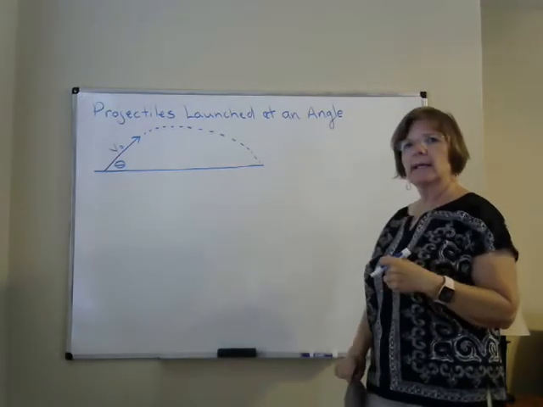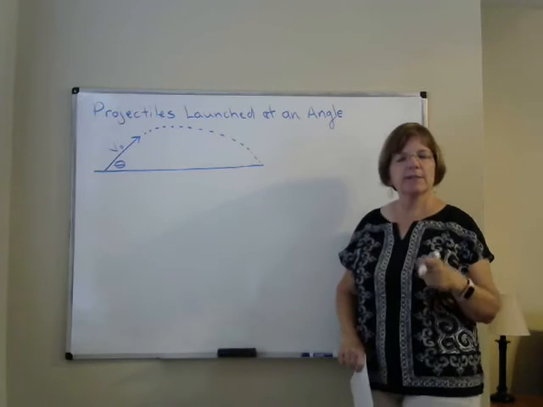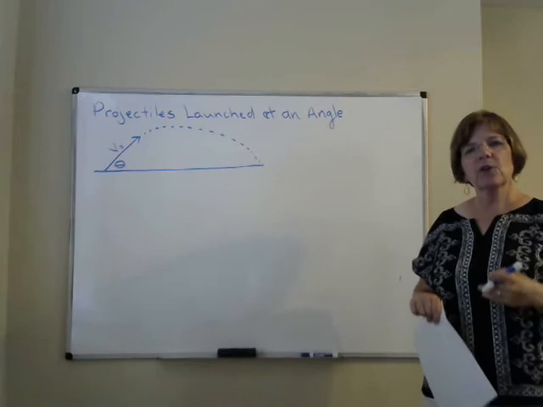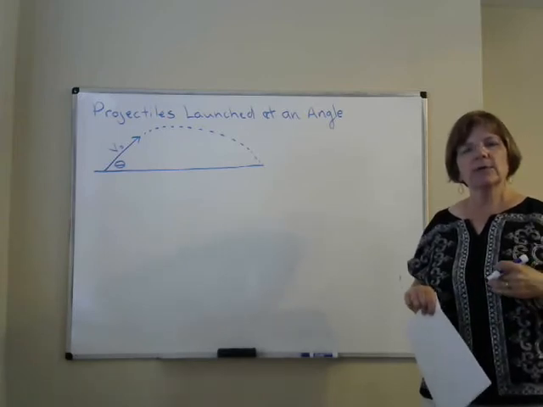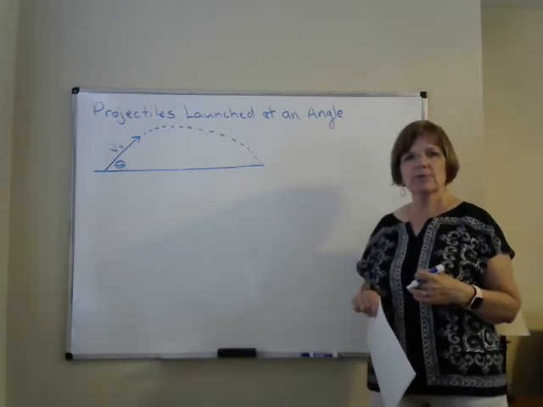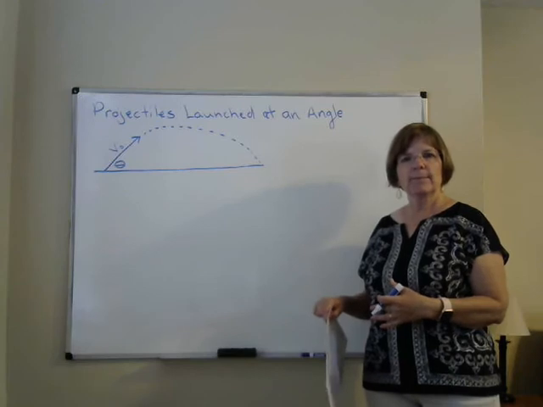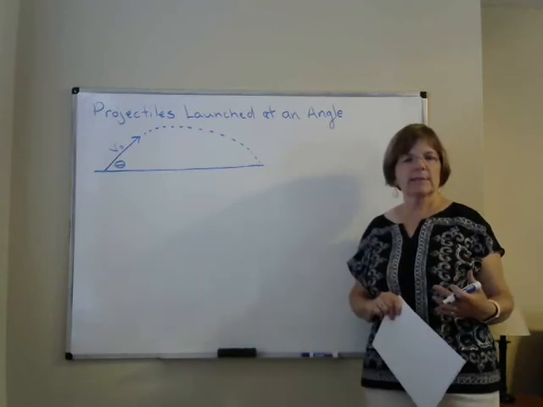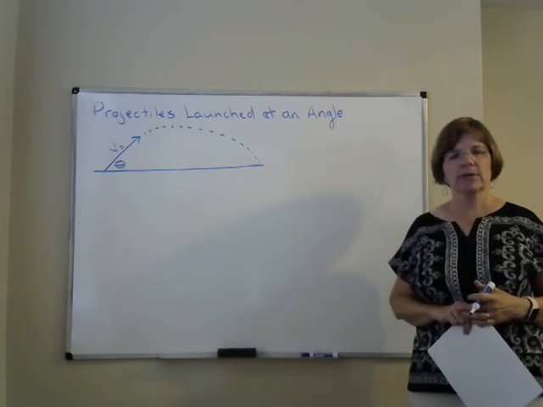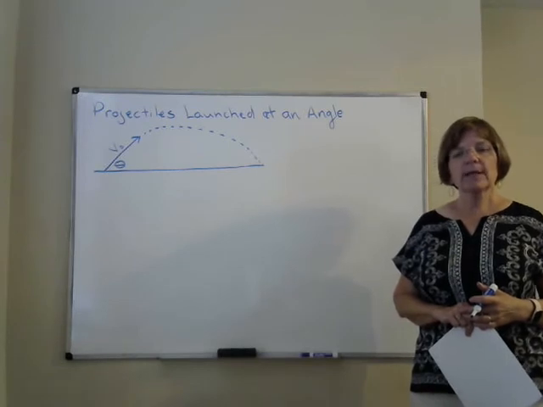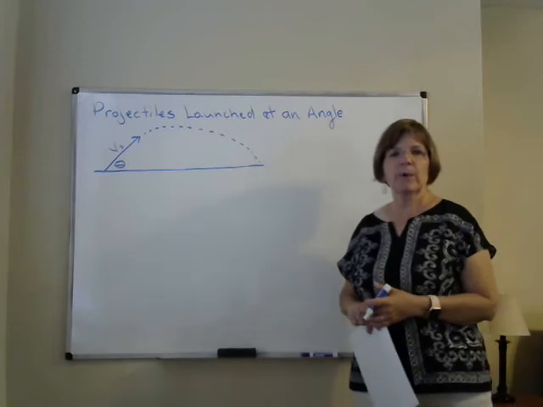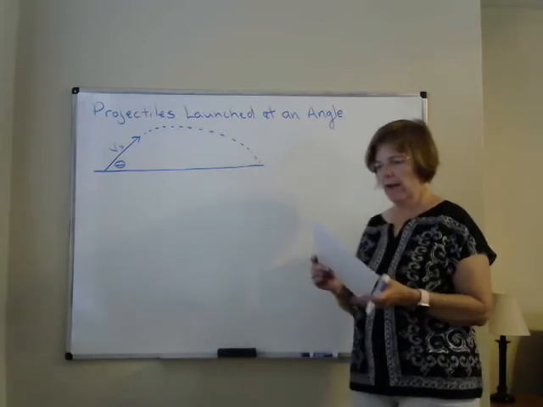The very first thing, and the step that too often students forget to do, is you need to take that initial velocity and break it into horizontal and vertical components, because we have to treat horizontal motion and vertical motion separately. There won't be a horizontal acceleration, so that horizontal component will be our constant horizontal velocity. But there will be a vertical component. That vertical velocity will be changing throughout the problem because of the acceleration due to gravity.